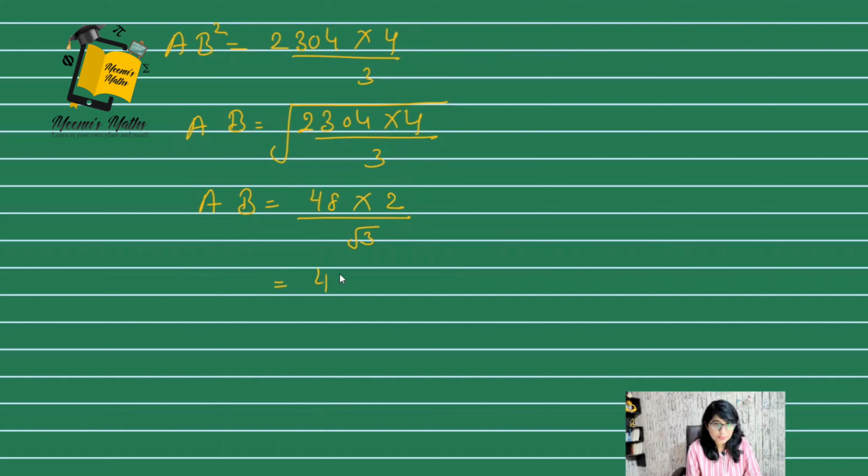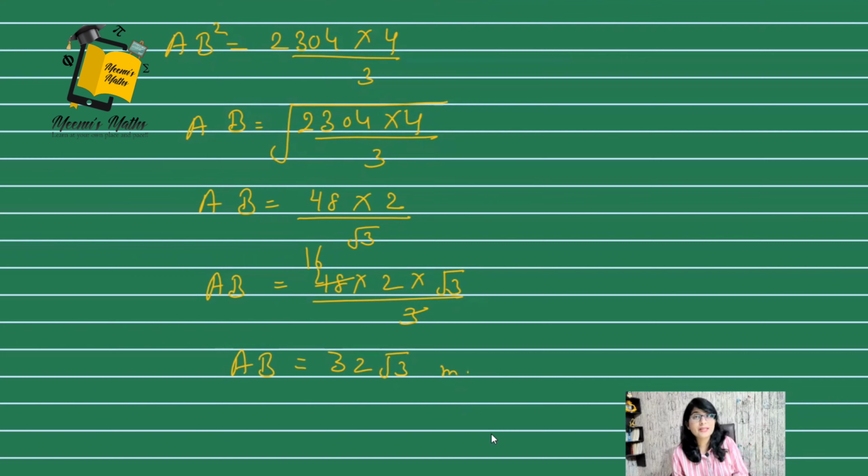After that this is 48 multiply 2. This is root 3 by 3. What I have done? I rationalized it. Fine. Now this is 16, 16 to the 32. You can do the calculation in any way. There is not any compulsion.